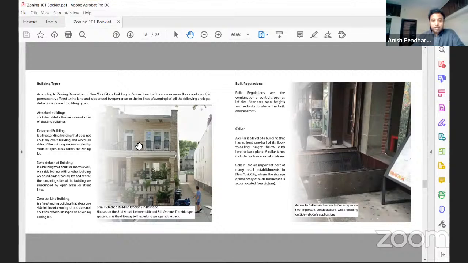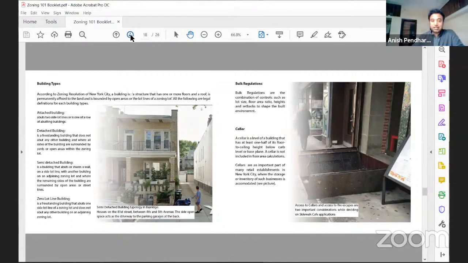So a brief, definition sort of overview of every common term. And I tried to be contextual to District 10. So the pictures and the examples are from District 10, most of them. So for example, in defining building types, here's a picture of the semi-detached building typology in Bay Ridge, houses on 81st Street, showing what a semi-detached type is and how it benefits the neighborhood and the residents.